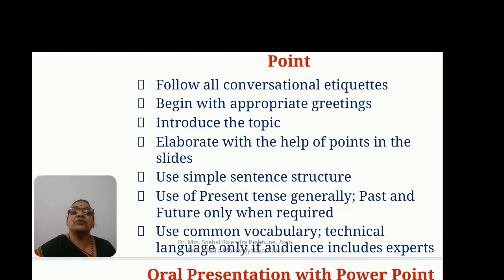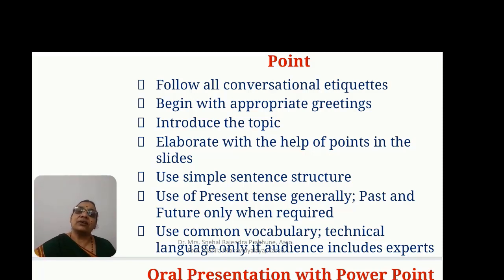Then we have to introduce the topic properly and give a clear idea to the audience as to what they should expect from the presentation, and go on explaining the slides one after the other. You should not read the slides but present and elaborate upon the content that is present in the slides.